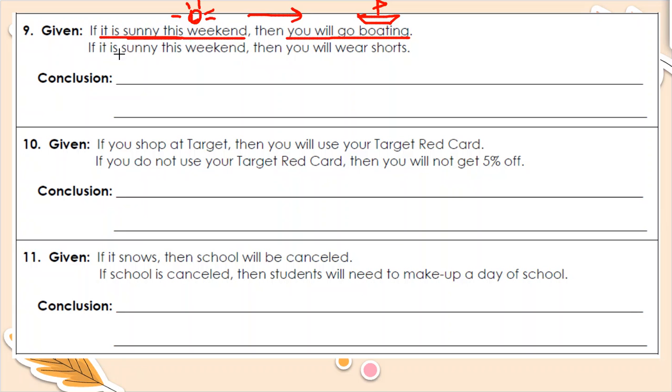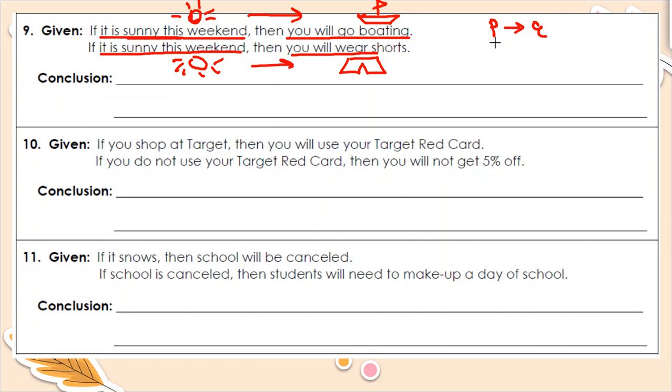Then the next statement says, if it is sunny this weekend, okay, so now we're talking about the sun again, then you'll wear shorts. All right, so there is something wrong with this, right? Symbolically, this is if P, then Q, where sunny is our P and Q is boating.